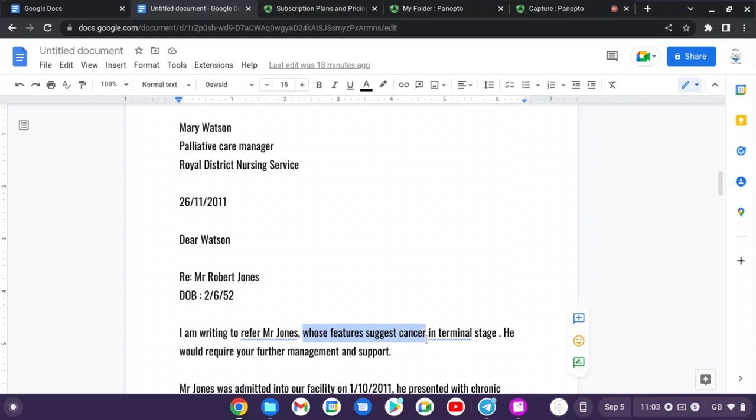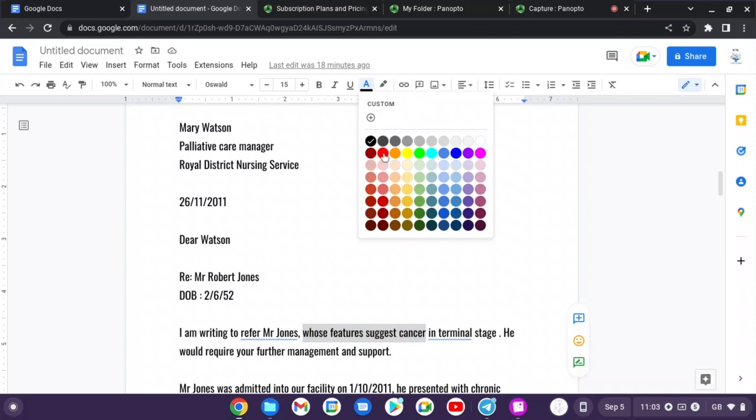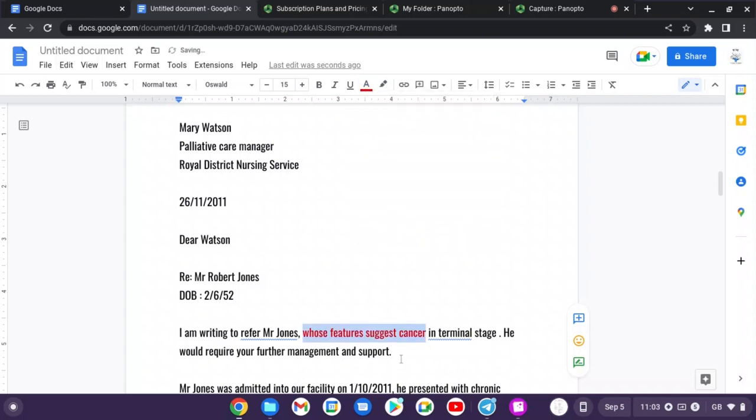The important one is that the information you provided is absolutely wrong, because it's already diagnosed. It's not a suggestion. You don't need to do any other test. It's already confirmed. So there is no suggestion. Who has been diagnosed with cancer, or lung cancer, is the better option for this letter.